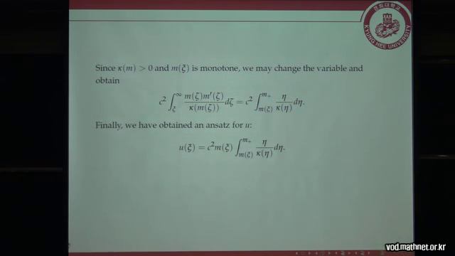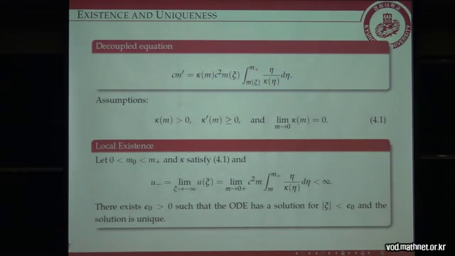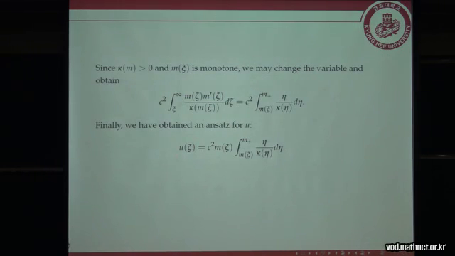By the change of variable, we have this one. Finally, we have this simple formula, right? So actually, there is no complex calculation. So we have u, and u is actually a function of m, just a function of m.